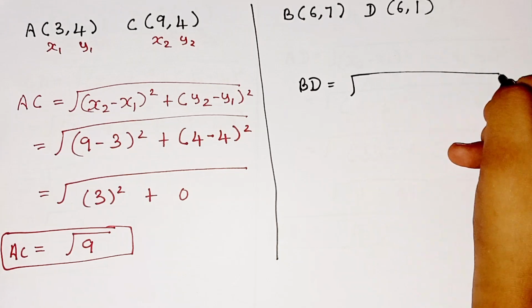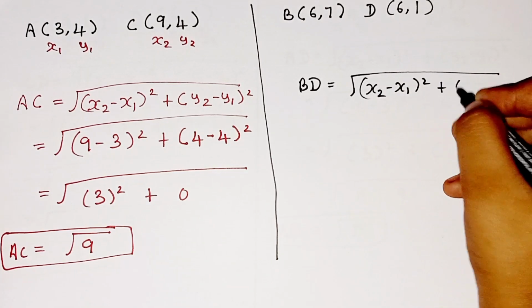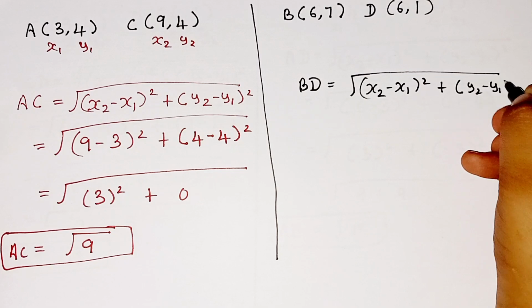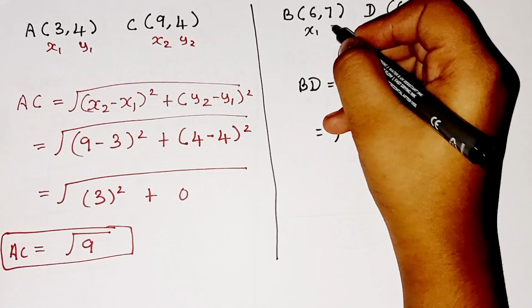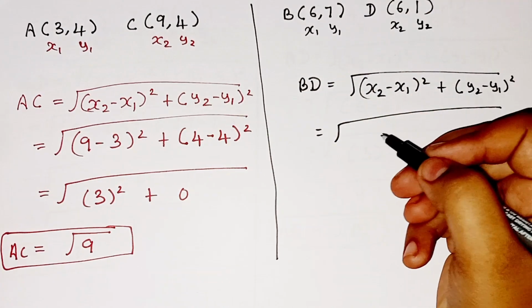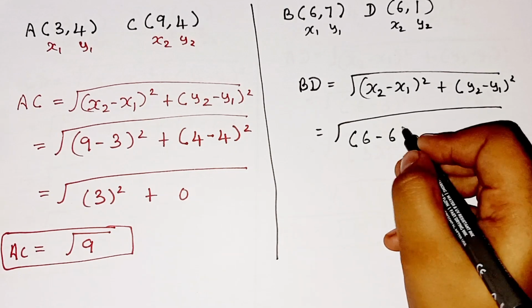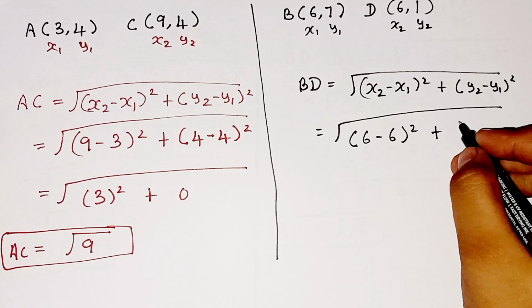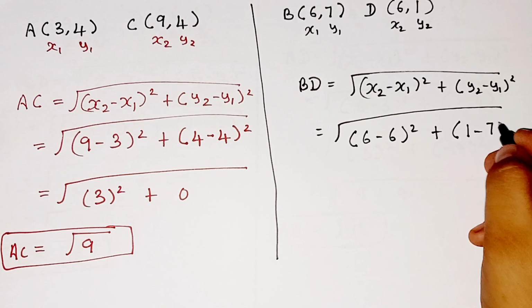Let us apply the distance formula, x2 minus x1 the whole square plus y2 minus y1 the whole square. Here this is x1, this is y1, this is x2 and this is y2. Here the x2 value is 6 and x1 value is 6 the whole square plus y2 value is 1 minus y1 value is 7 the whole square.